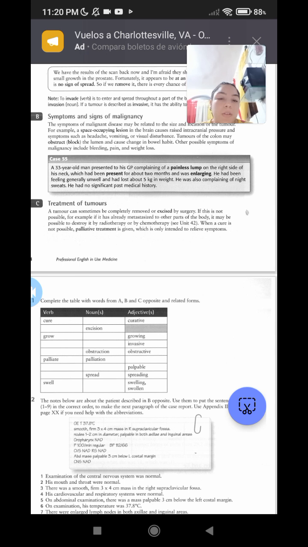When a cure is not possible, palliative treatment is given, which is only intended to relieve symptoms.